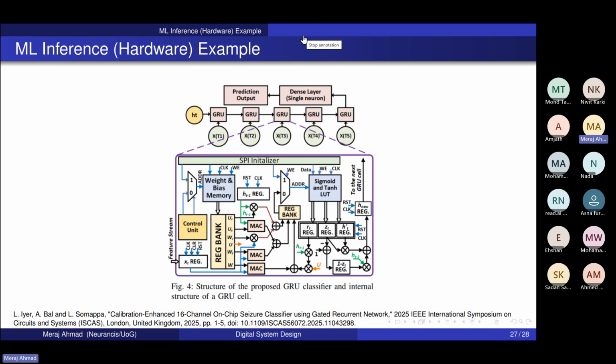Sorry, sir, are you drawing something? Yeah, can you not see the annotation? Sir, annotations are not visible. Since the beginning there was no annotation. I was thinking maybe you were trying to draw something, but it was not visible.